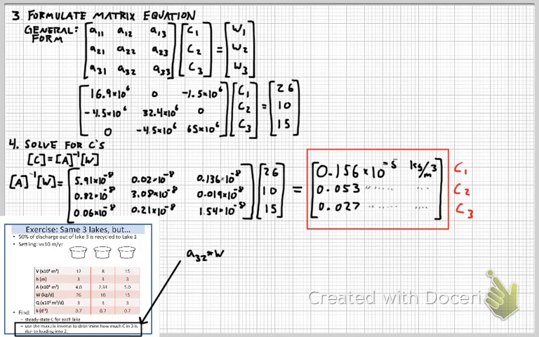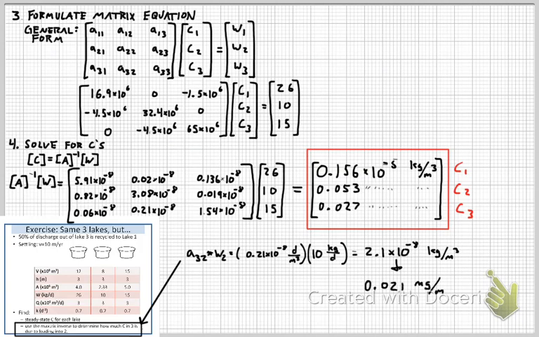A32 is the response of lake 3 to a load in lake 2. We can multiply that by W2, the load into that lake. So I'm just grabbing that appropriate term out of the inverse matrix, multiplying by the loading, and I get 2.1 times 10 to the negative 8th kilograms per cubic meter, or into units that are perhaps a little easier for us to wrap our heads around, 0.021 milligrams per cubic meter as my final solution.